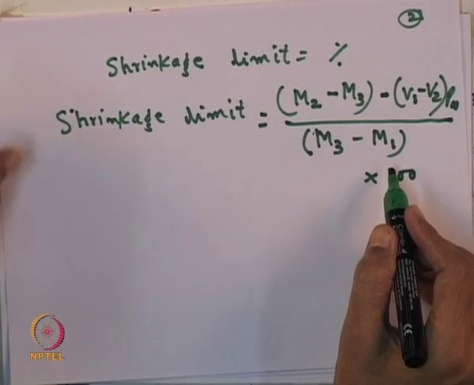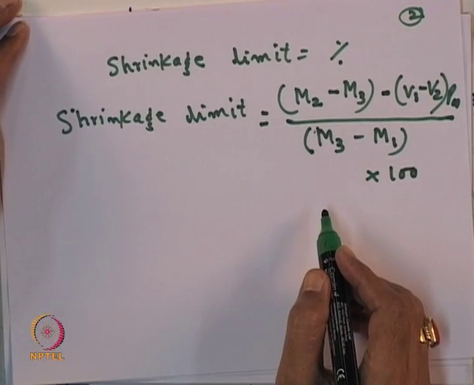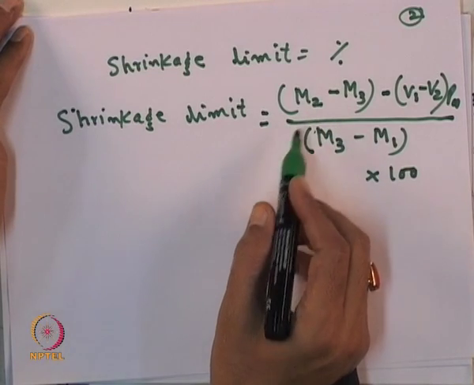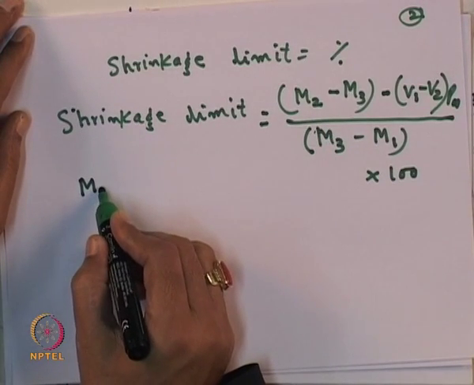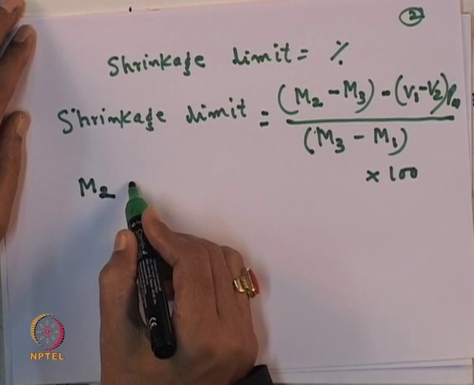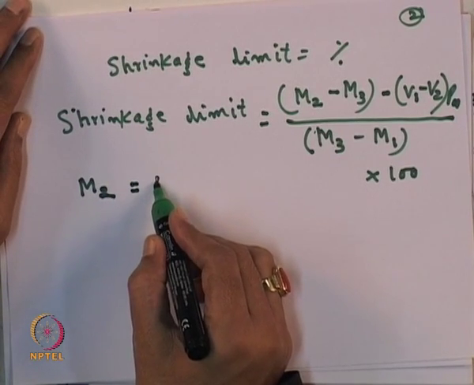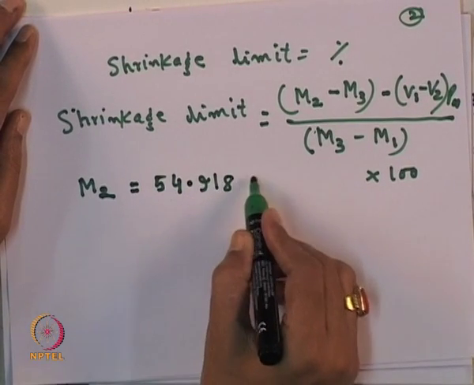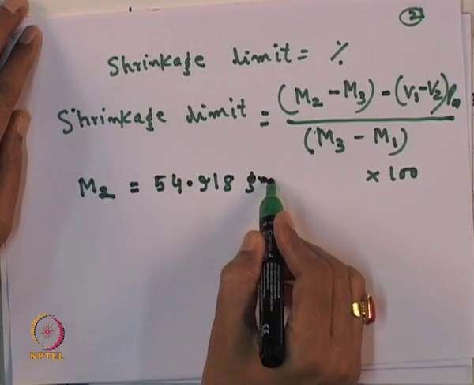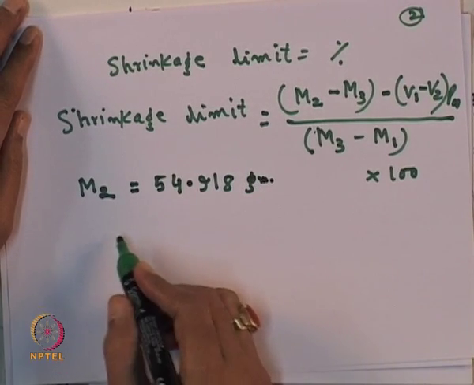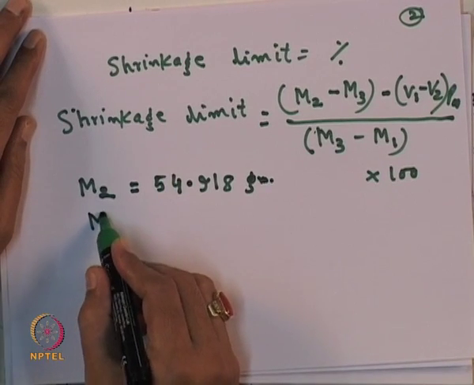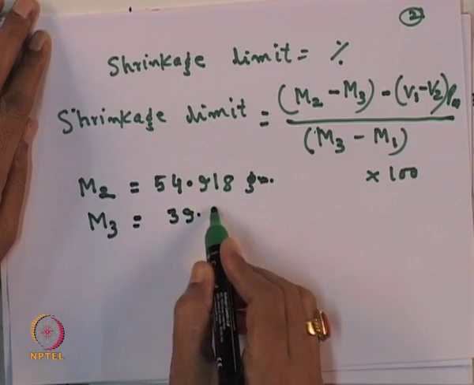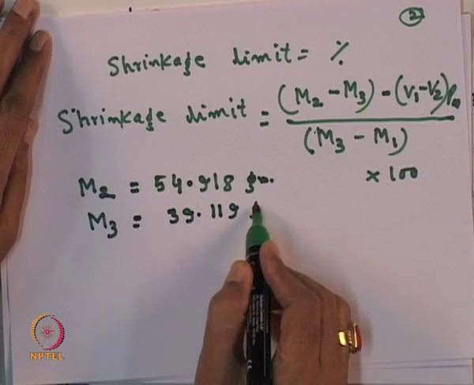So, here from the data sheet we can say that M2 is equal to 54.918 gram, and M3 is equal to 39.119 gram.